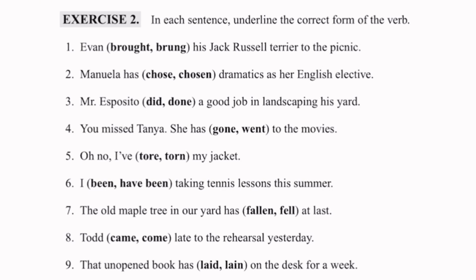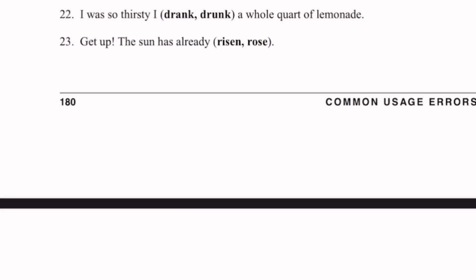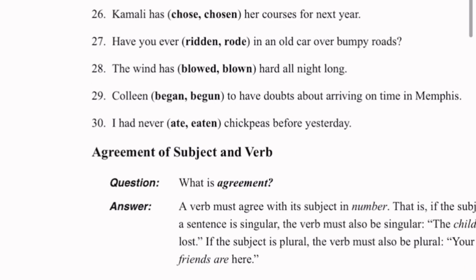Manuela chose dramatics as her English elective in part 2. I hope you understand that. What about number 23? Get up. The sun has already risen. Because we have has, we are going to use your verb number 3. The answer is what? Risen. All right.